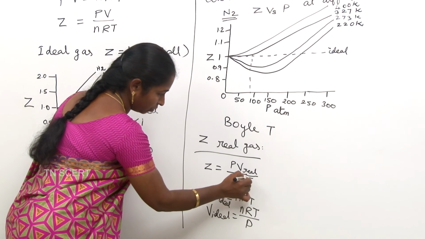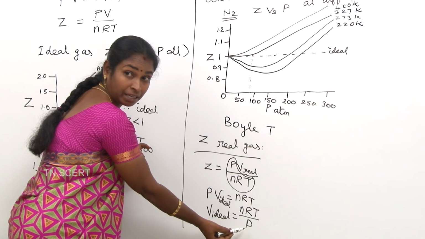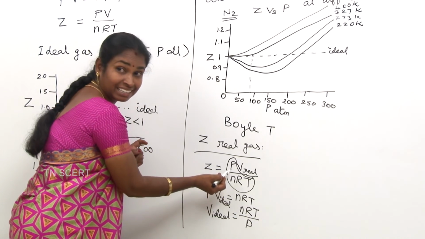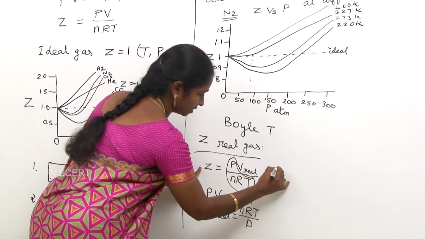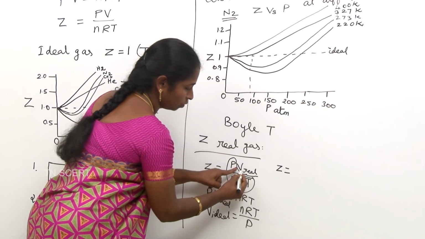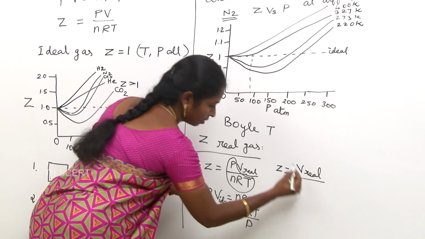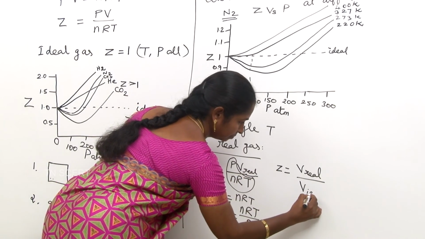Now, here what do you have? P by nRT. It is nRT by P. You can substitute 1 by V ideal here, is it not? So, the equation becomes Z is equal to V real by V ideal.